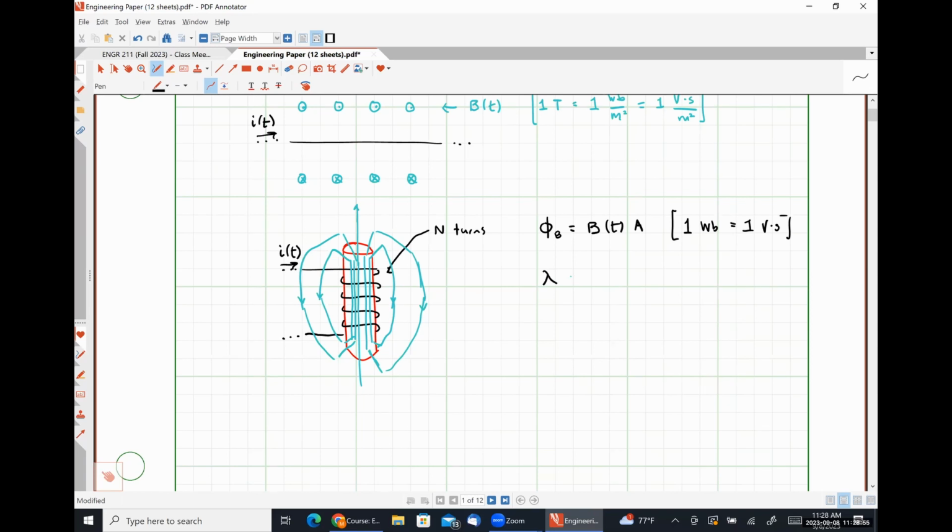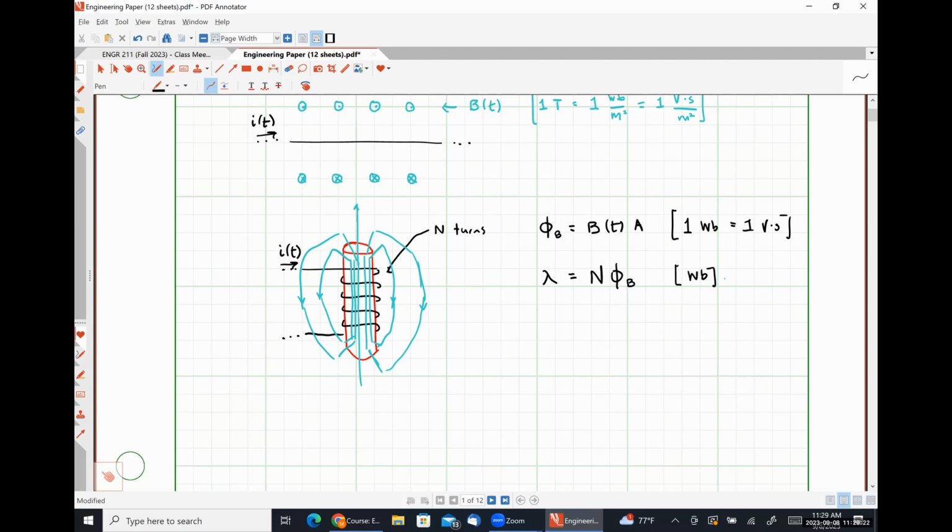Trying to remember my Greek alphabet here. Our flux linkage, like our flux phi B, is once again measured in Webers because it is a multiple of the flux that was measured in Webers.